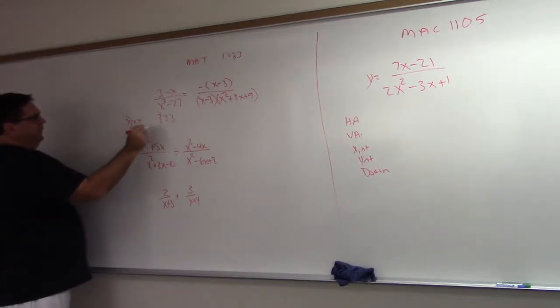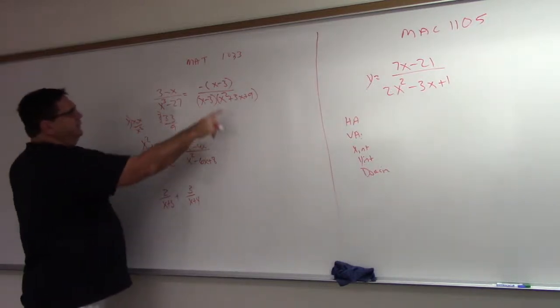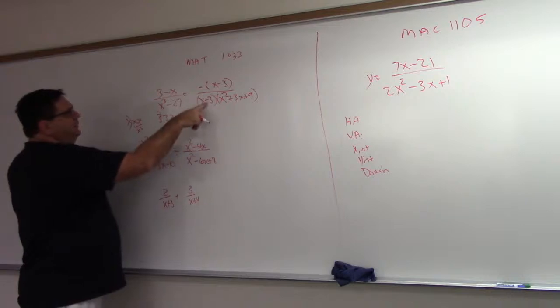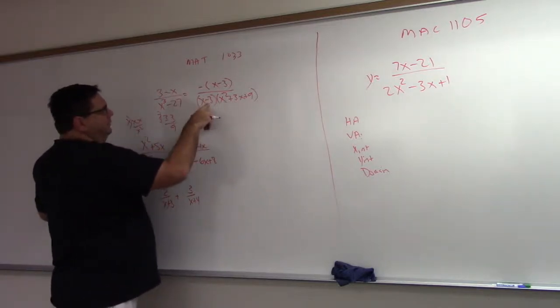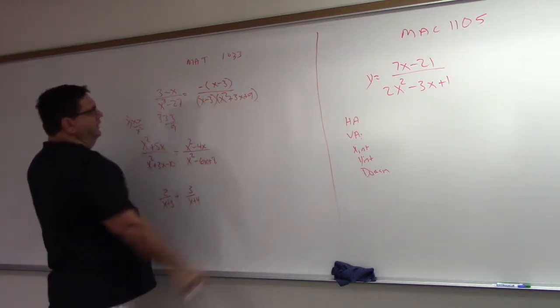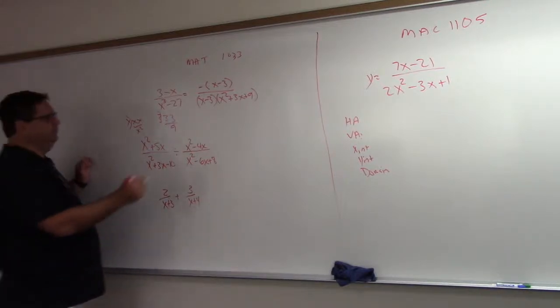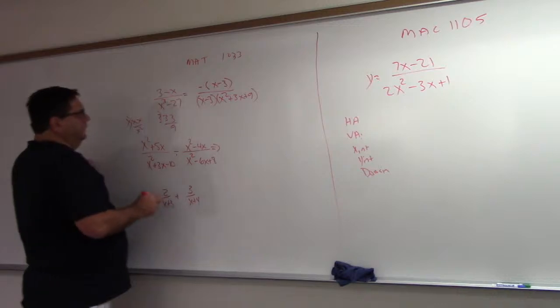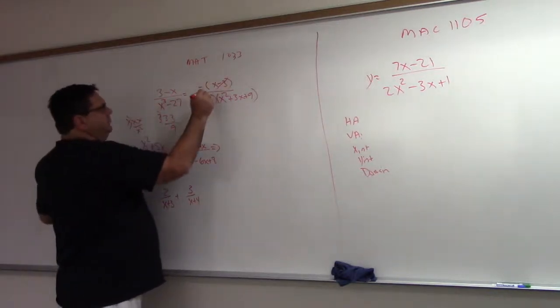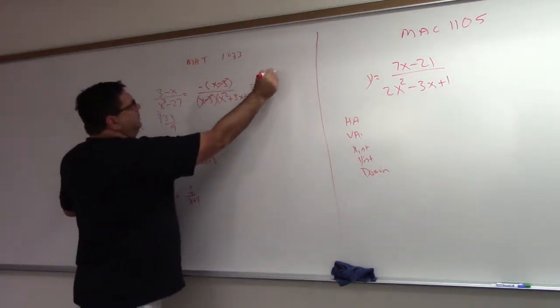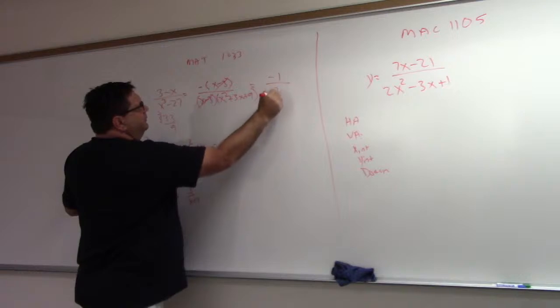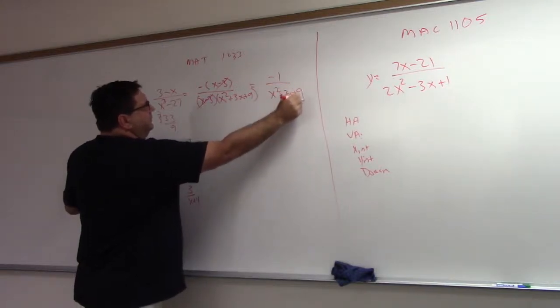That leaves me with x squared, and it leaves me with 9. X squared plus 9. Take out the minus, it's plus, you get 3x. All right. Now we're going to cancel the x minus 3's. We're going to get negative 1 over x squared plus 3x plus 9.